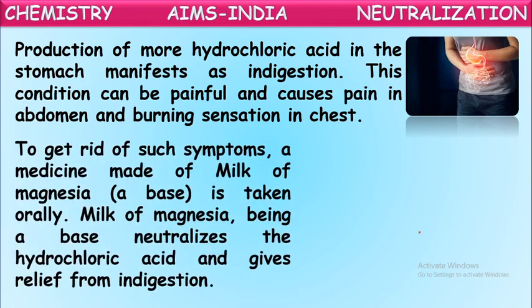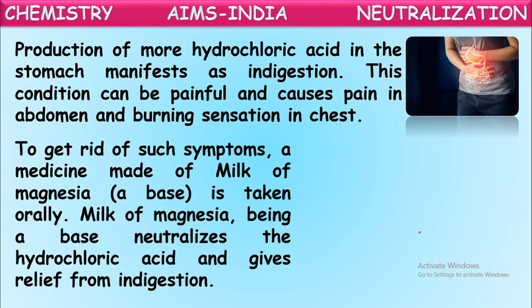To get rid of such symptoms, a medicine made up of milk of magnesia, which is a base, is taken orally. Actually, the pain in the stomach or abdomen and the burning sensation in the chest are because of the excess amount of hydrochloric acid produced in the stomach.